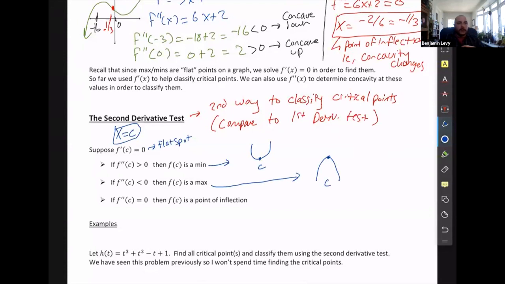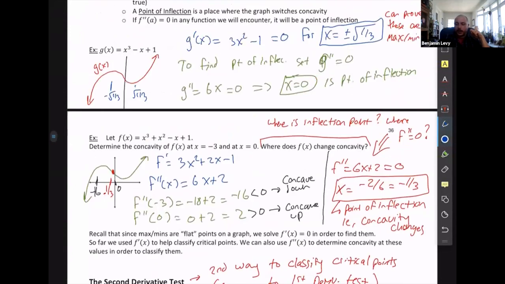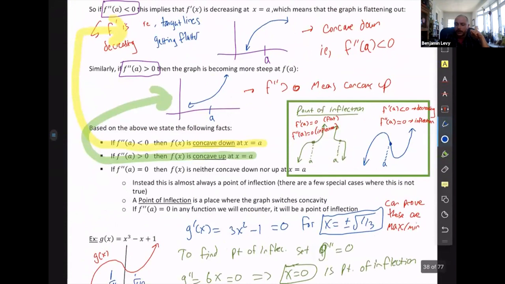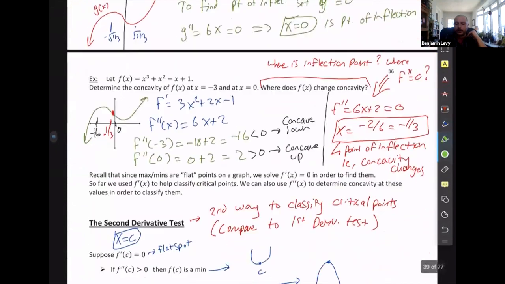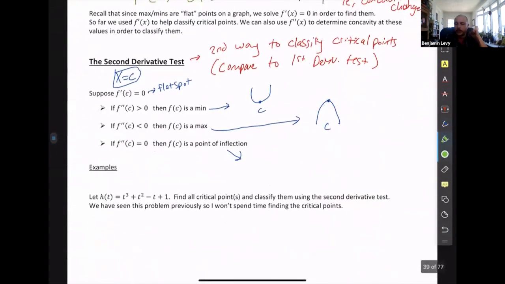And if the second derivative is 0 and the first derivative is also 0, that's a point of inflection. And so that would be those special cases that we saw. Remember, I drew this picture last time on the right here. That was that special case on the left, right? Where you have the first derivative 0 and the second derivative 0. That's these special kind of inflection points that look like this.